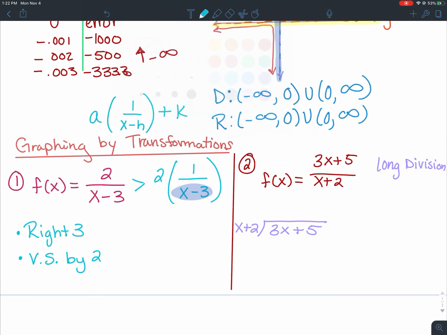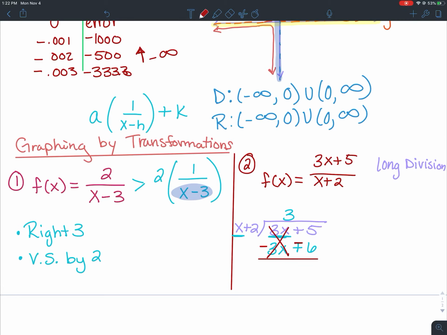When I do my long division, x times what gives me 3x? Well, the answer is 3. Then I multiply. 3 times x is 3x. 3 times 2 is 6. When I do long division, I change my signs, because we're subtracting.